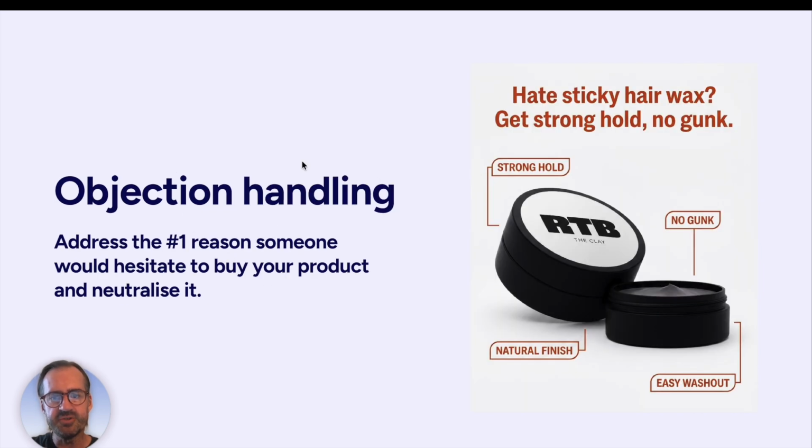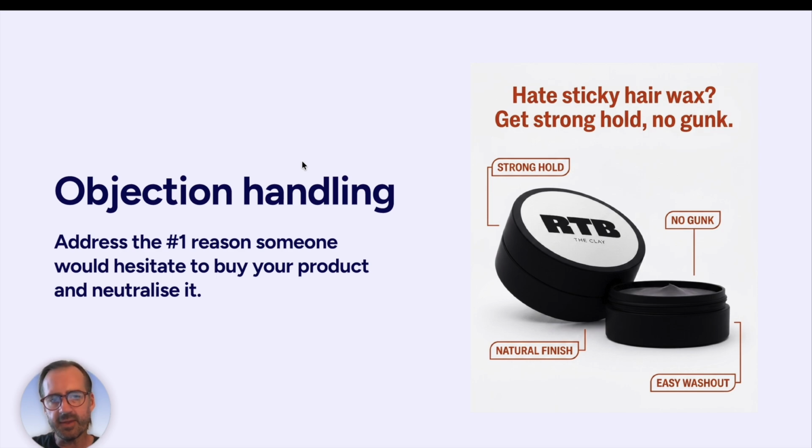We have objection handling. So this is all about addressing the number one reason someone would hesitate to try or buy your product and neutralizing it within the copy. So for example, here we have a hair wax. Some people may have had bad experiences with a hair wax and they may have found it sticky.